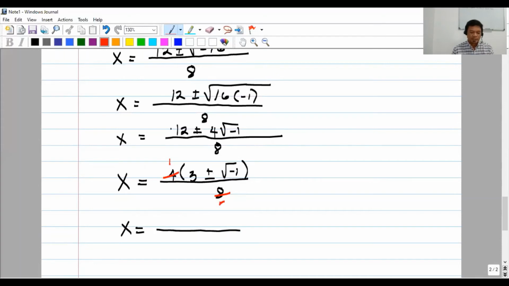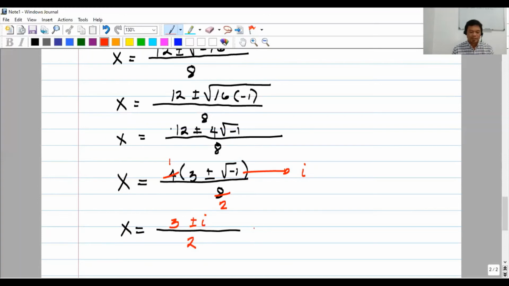1 and 2 here. So we have 1 times 3 is 3 plus minus, okay, the square root of negative 1 is equal to an imaginary number. So we have I here all over 2.